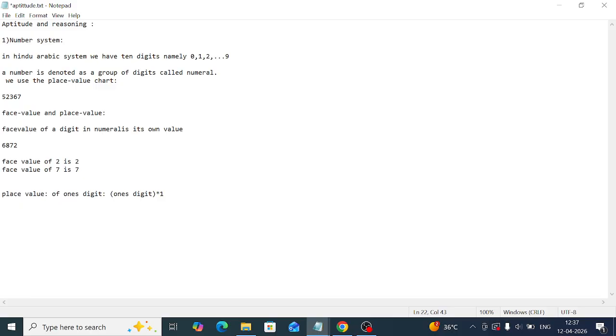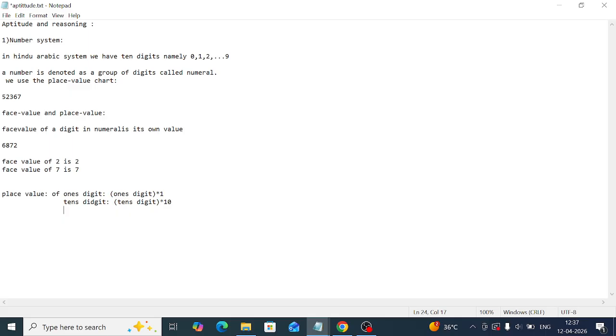Next, the place value of the tens digit means the tens digit into 10. Like that, the place value of the hundreds digit is the hundreds digit into 100.